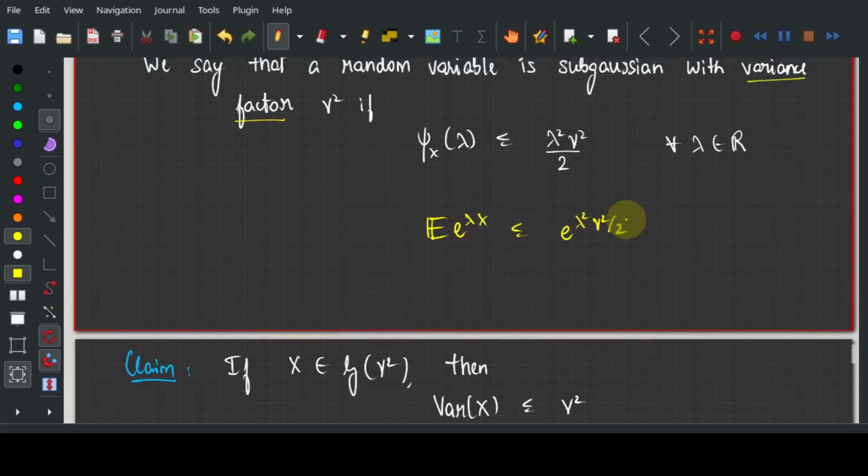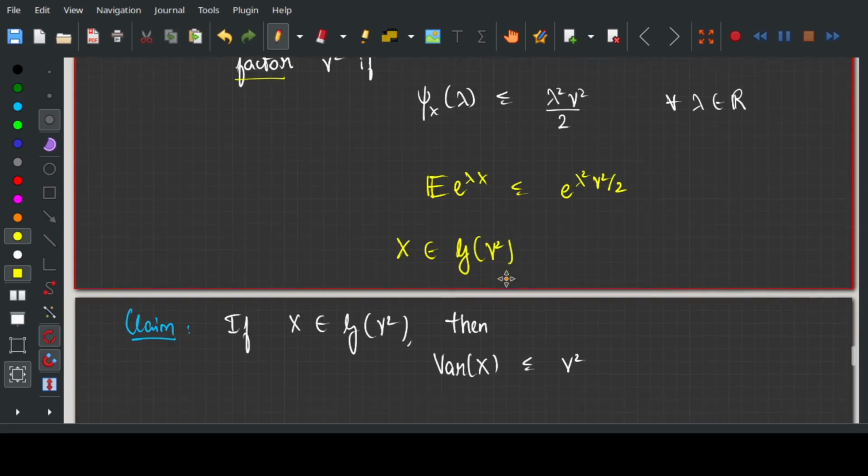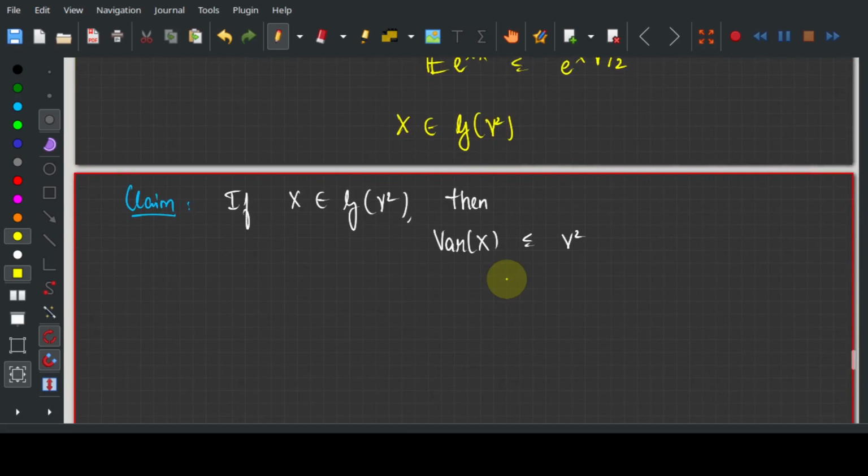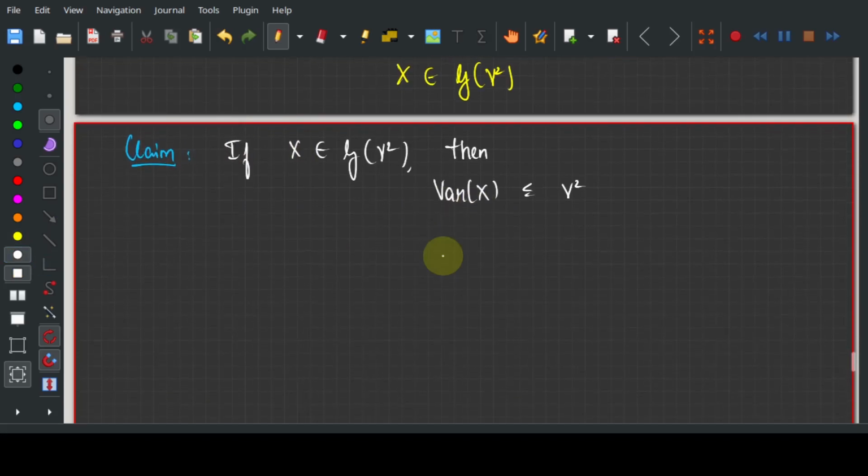Okay, we'll see why this is true. So if a random variable is sub-Gaussian with a variance factor nu square, then we'll say that x is in G of nu square. So it belongs to the family of sub-Gaussian random variables with variance factor nu square. Okay, so let's try to go ahead and prove this particular fact. Now, all we are given is that the moment generating function is upper bounded by some particular quantity, right?